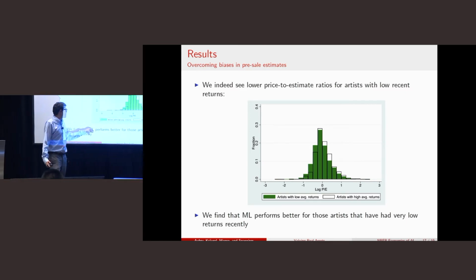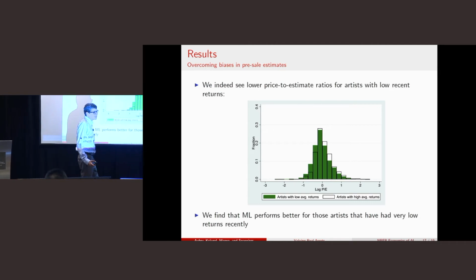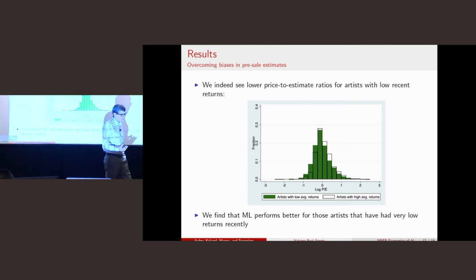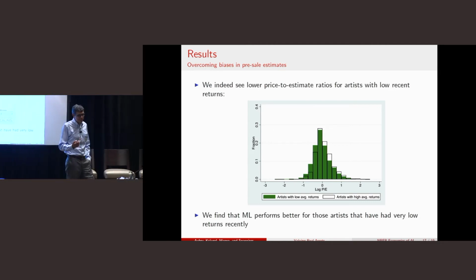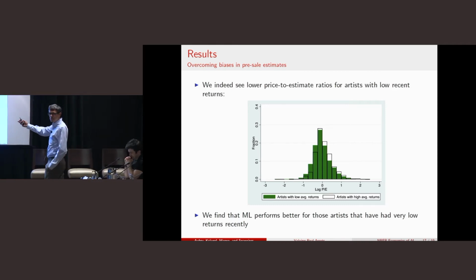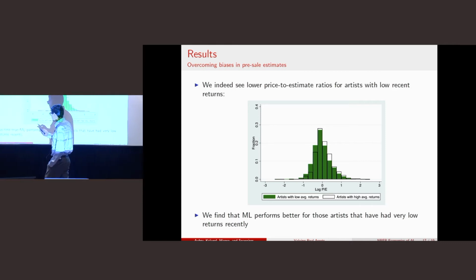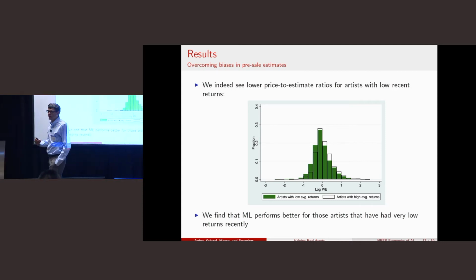And we find that machine learning performs better for those artists that had very low returns recently. So the auction house human experts are still assigning high price estimates, and the machine learning will fix that bias. So we will overcome this tendency not to adjust given recent data.